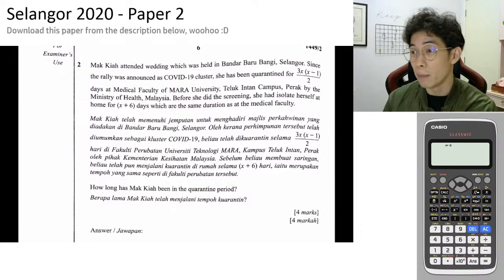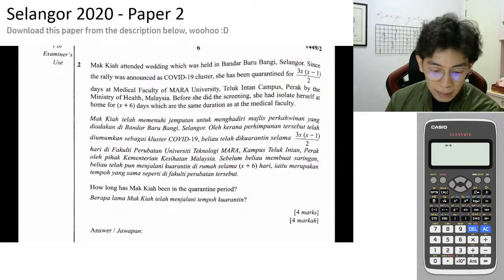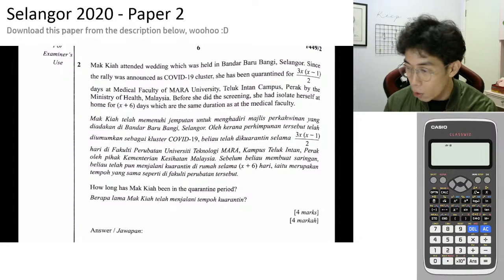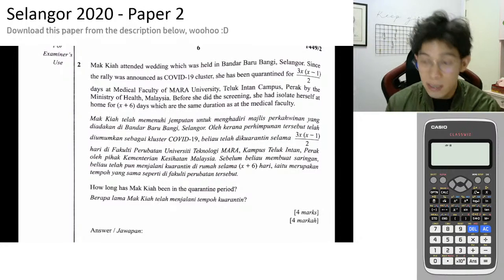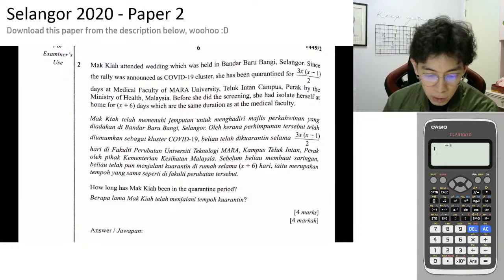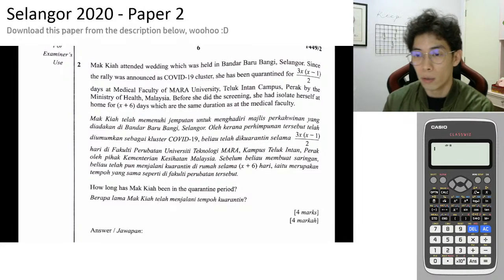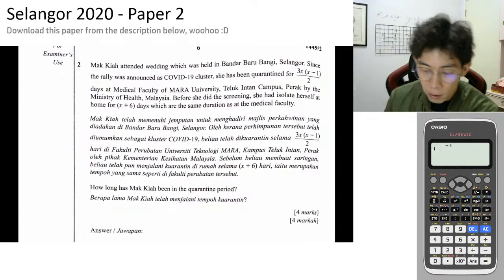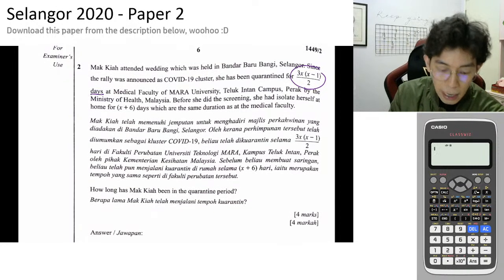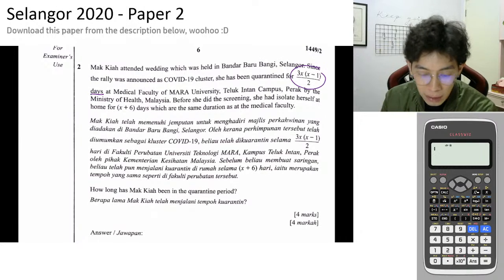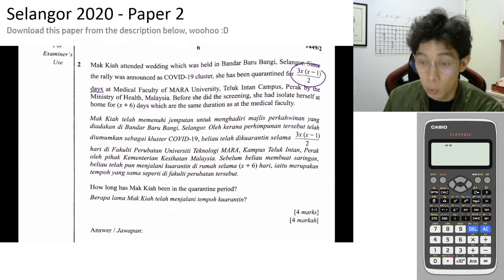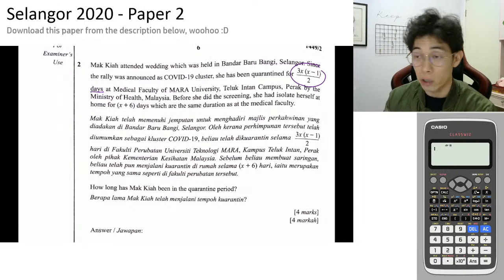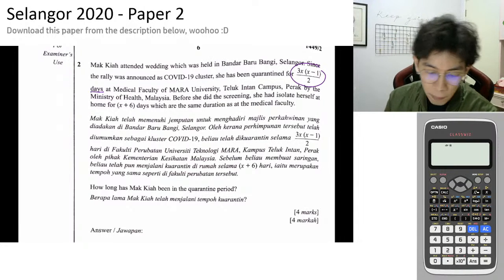Okay, Makia attended a wedding which was held in Bandar Baru Bangi, Selangor. Since the rally was announced as a COVID-19 cluster, she has been quarantined for this amount of days at the Medical Faculty of Mara University, Teluk Intan Campus, Perak, by the Ministry of Health, Malaysia.